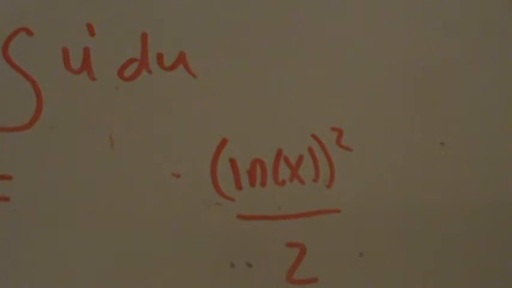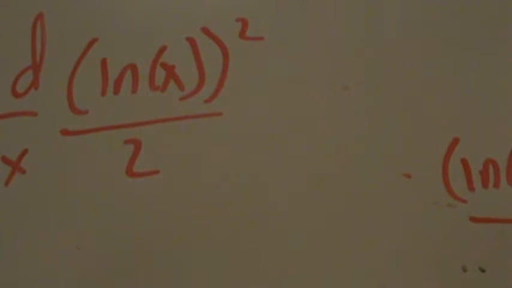If I do d dx of ln of x squared all over 2, what does this get me?